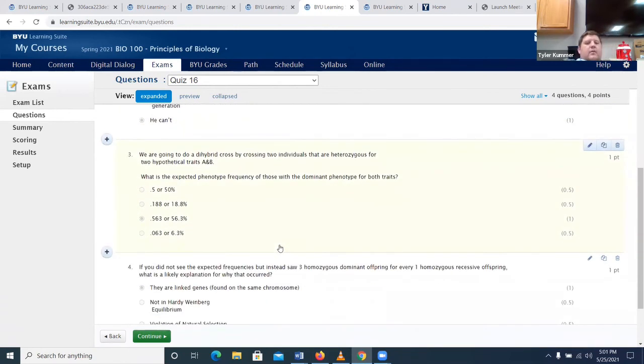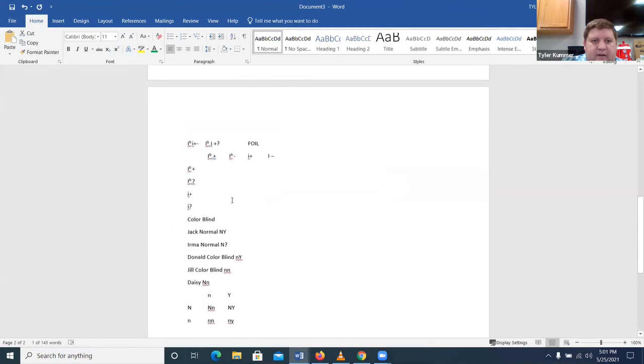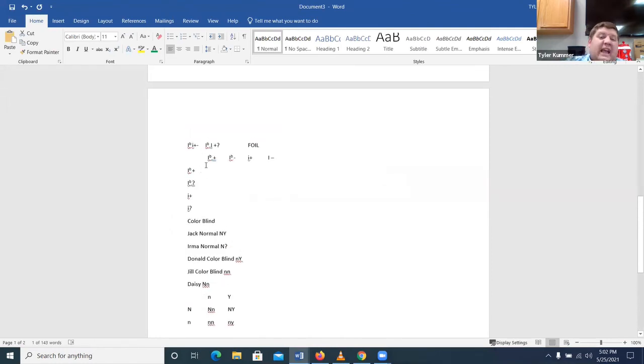All right, we are going to do a dihybrid cross by crossing two individuals that are heterozygous for two hypothetical traits, A and B. So this is the setup that I was showing you here, right? With the blood type 1, right? Except for we use A and B here, right?